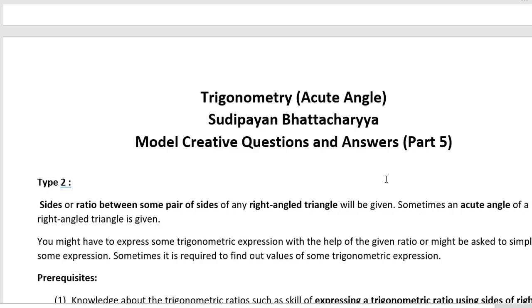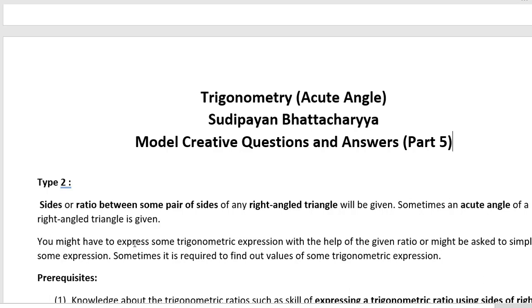Question type 2: in this type of question, the ratio between some pair of sides of any right angle triangle will be given. Sometimes an acute angle of a right angle triangle is given.